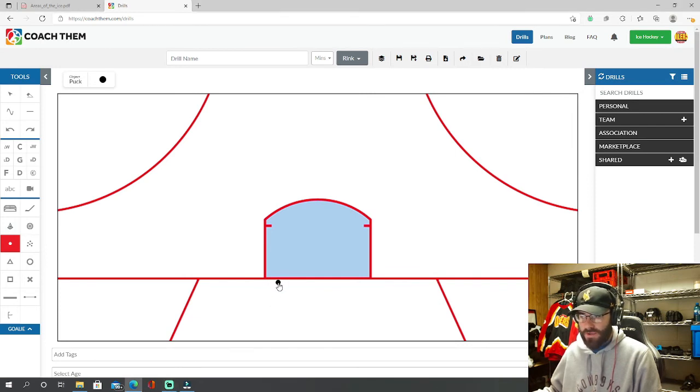The puck has to completely cross that goal line right there. If a puck is sitting right there, or right there, or right there, if it is touching the goal line in any way, it is not a goal. A puck has to go completely across the goal line in order for it to count.